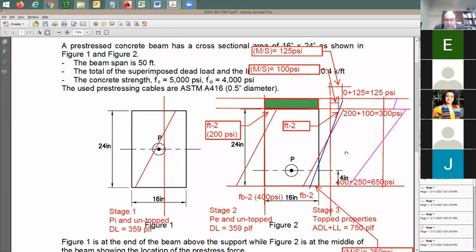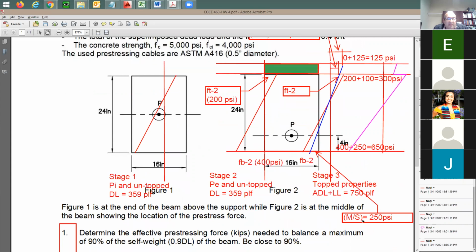Professor, I'm just confused about how we got the three values. Which one? I'm confused about how we got the M over S. I know we used this one here, the section modulus. That one right there, the 250, that's for the section modulus at the bottom. Yeah, the section modulus at the bottom, and for the top, it's going to be based on the top properties.